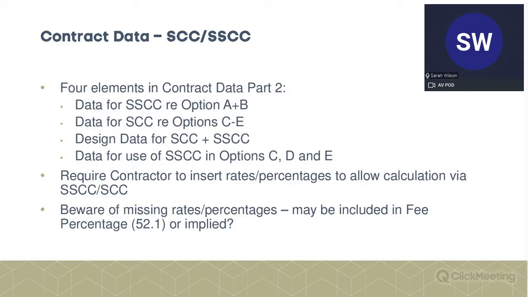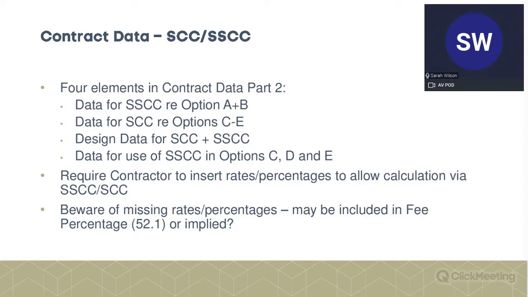So we have specific sections. If you're on either an option A or a B contract, there's a section of information to be inputted for the shorter schedule of cost components. If you're on options C to E, we know that it's the schedule of cost components that applies. So again, there are sections there to be filled in.